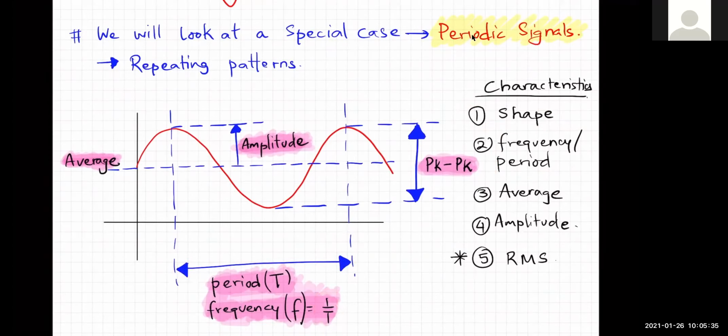So it gives you a measure of how many cycles per second you have. Average is, if you take the average of the signal, then it's going to be somewhere in the middle right here. So that's a measure. Amplitude is the maximum displacement from the average. And RMS is something we're going to discuss in detail.